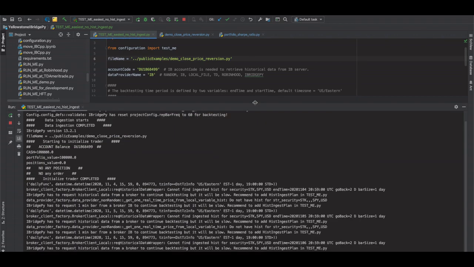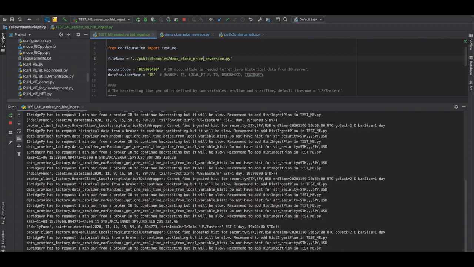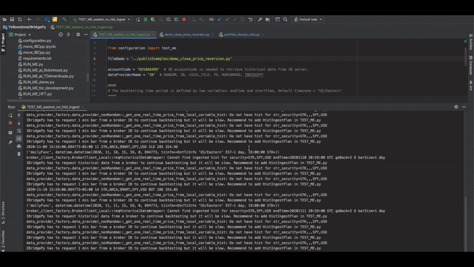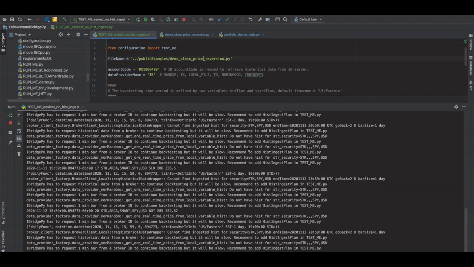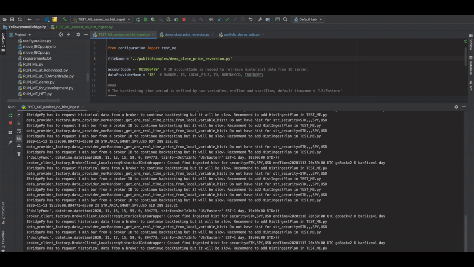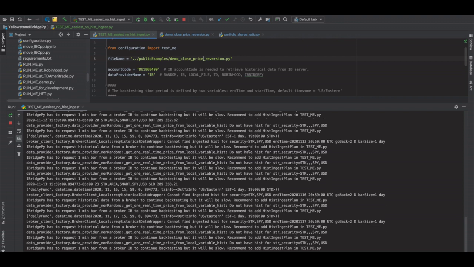Okay, backtesting started already. However, there are a lot of tags that tell you something, and the reason for that, let me explain. If you are familiar with the previous IBridgePy backtesting system, the users are required to ingest historical data using a reserved word called hist ingestion plan, and to define what kind of historical data you need in your backtester.